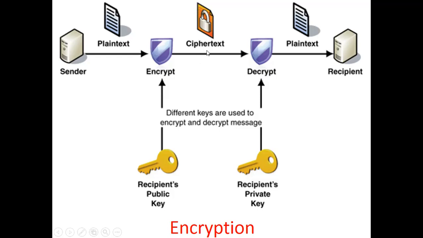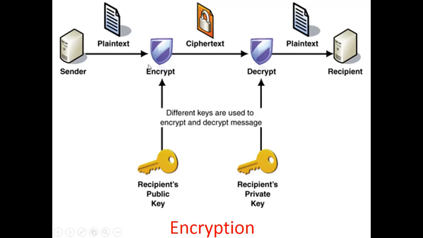Then that ciphertext is received by the recipient. Then the recipient applies the algorithm on it, and due to that algorithm, the ciphertext gets converted into plain text and the recipient can read that message.